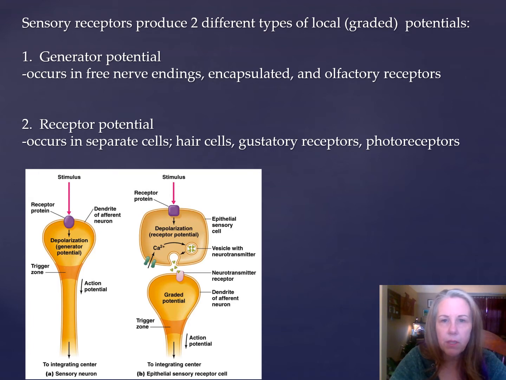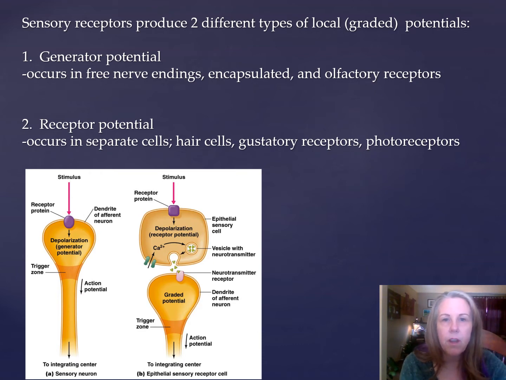So whatever stimulus it is acting on this sensory receptor, it is going to open up the channels, allow for ions to pass. You're going to have some change in the membrane potential and change in polarity, right?